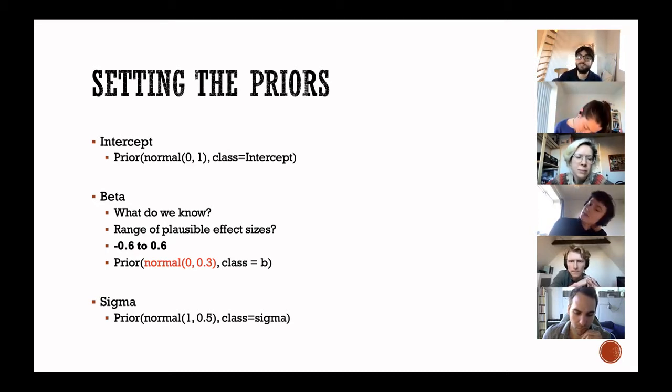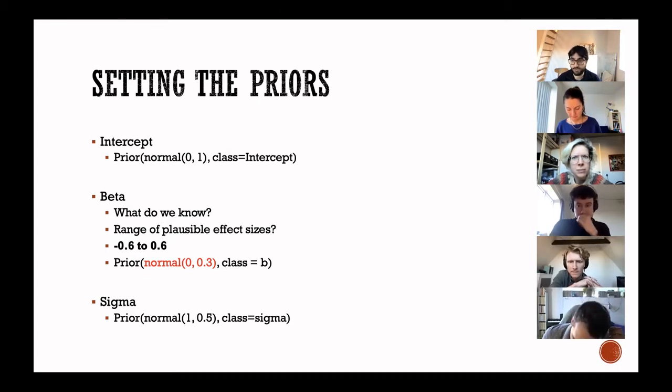Is this specific 0.3 something that we should put all our money on? Again, no, right? This is a reasonable starting point. We're going to check the model again and again to make sure of the implications of this choice.